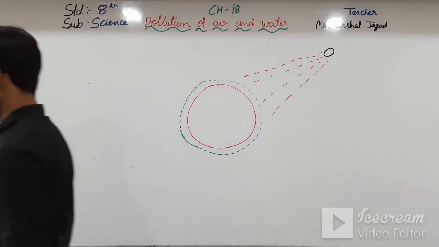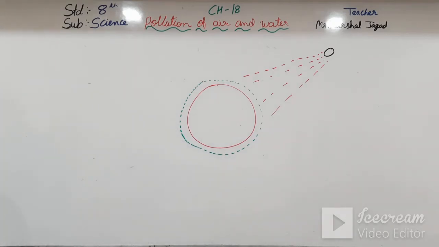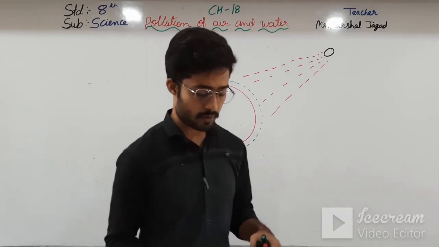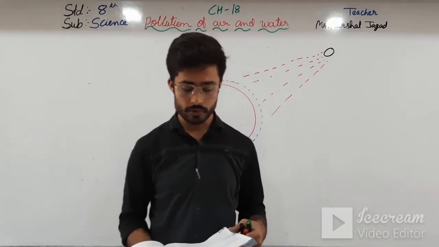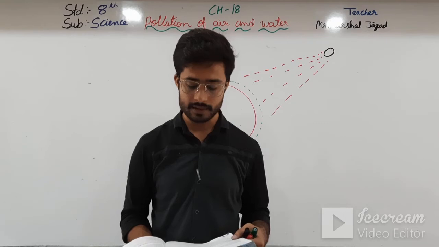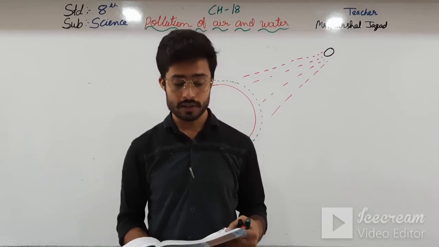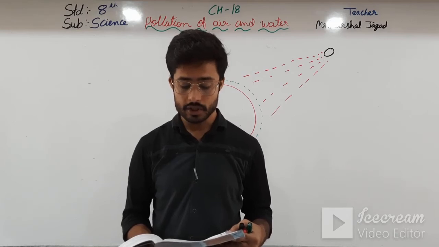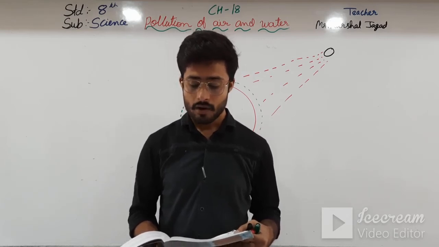Okay students, so here photochemical smog, what is that? It is given in the paragraph. Photochemical smog is a type of smoke produced when ultraviolet light from the sun reacts with nitrogen oxide and hydrocarbons from vehicular emission in the atmosphere.